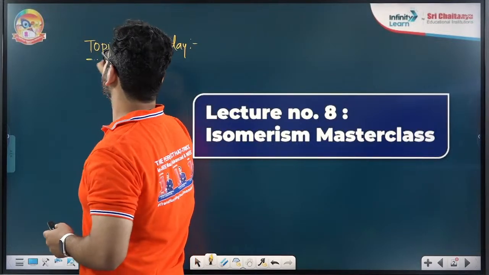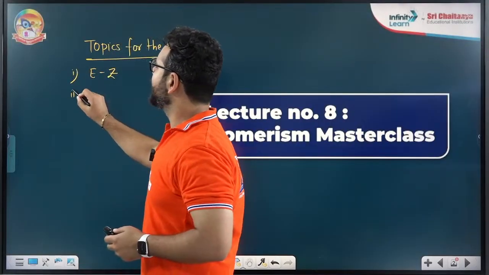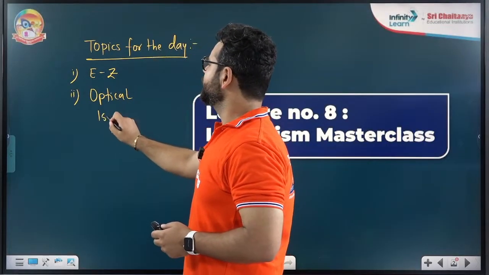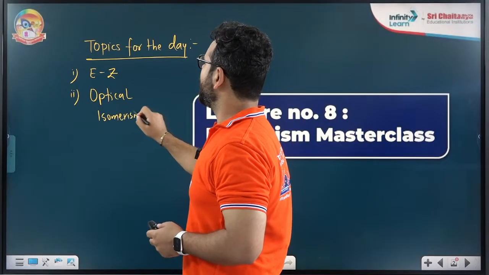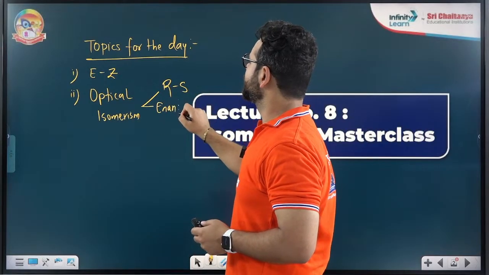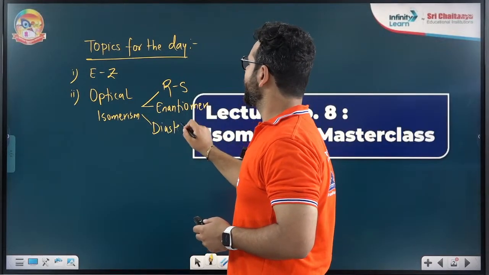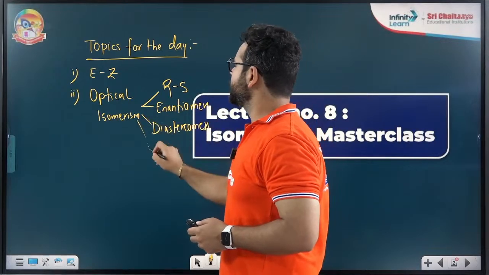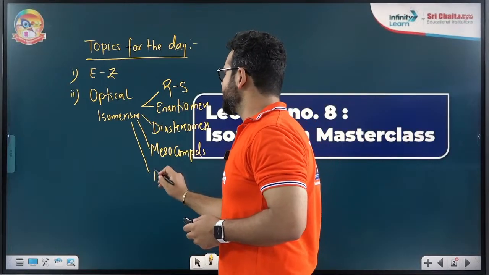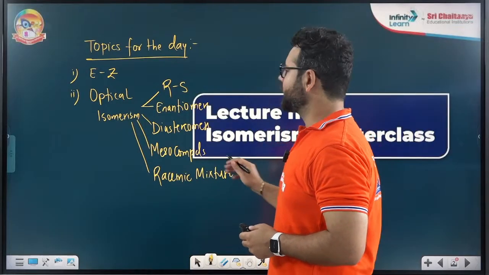In optical isomerism, our main topic will be how to check RS configuration, what are enantiomers, what are diastereomers, what are meso compounds, and what are racemic mixtures. This is what optical isomerism consists of.